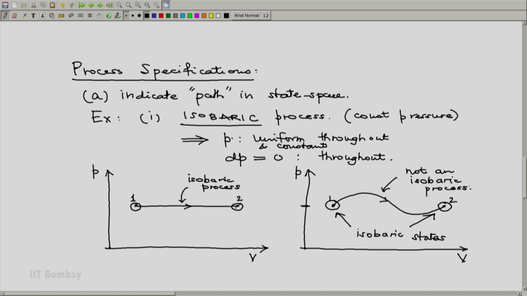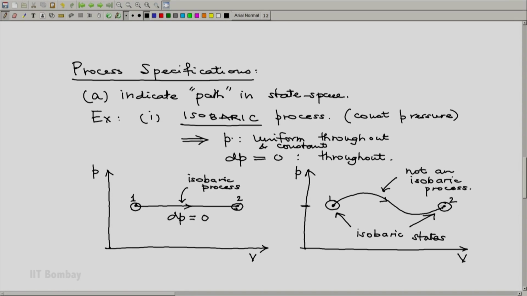This should be clear, the difference between saying that a pair of states is isobaric, as in 1 2 here or 1 2 in the earlier figure, and a process is isobaric. In this figure on the left hand side, the process 1 to 2 is an isobaric process. Here dP equals 0 at any stage during the process. Here dP need not be 0 at any stage during the process.